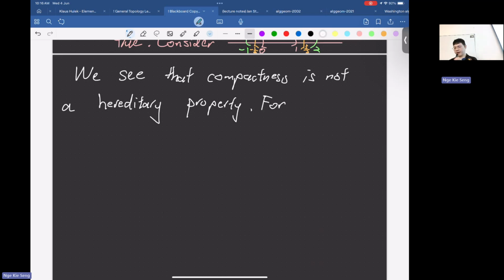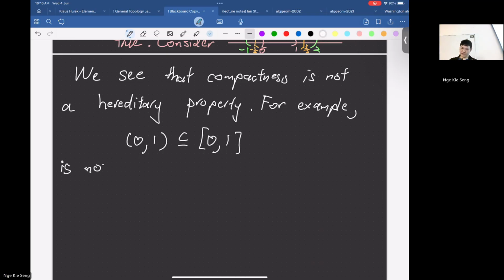This is inherited by the subspace, by subset inclusion. For example, last week we proved that the closed interval 0 to 1 is compact, right? But the open interval 0 to 1 also lives inside this compact set, but the open interval (0,1) is not compact.